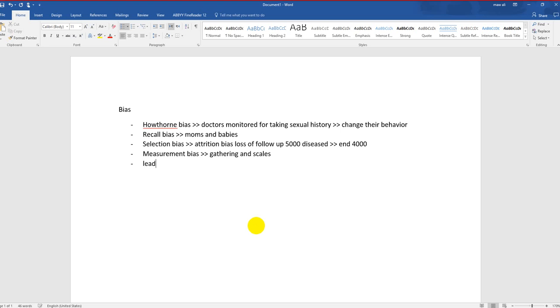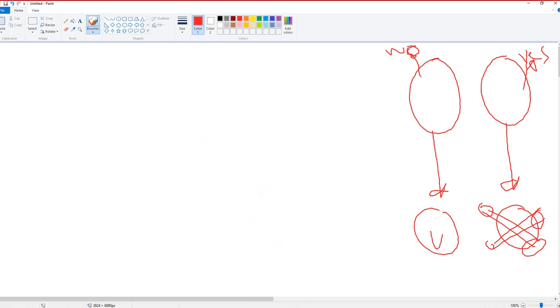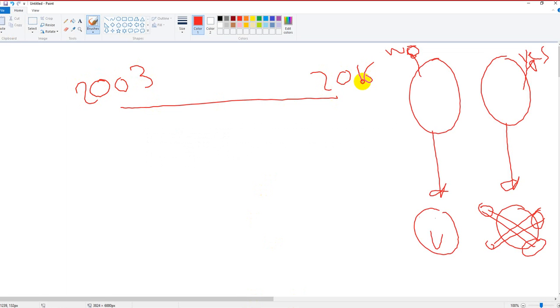There is also what's called lead time bias. Very important. I encountered a question like that. An example: we take people from 2003 to 2016. The disease appeared in 2010, and the people die in 2016, which happens in prostate cancer.